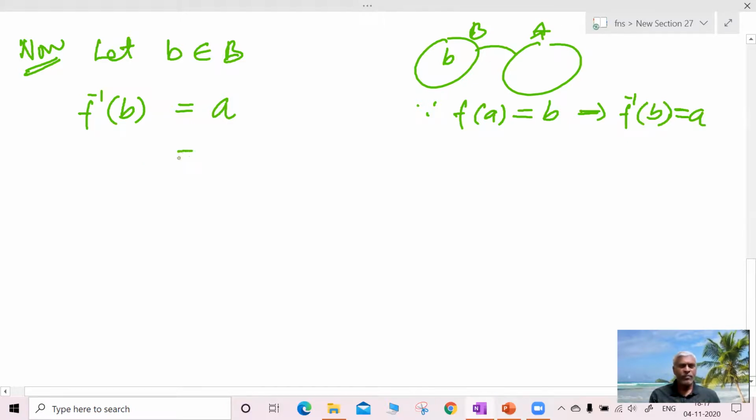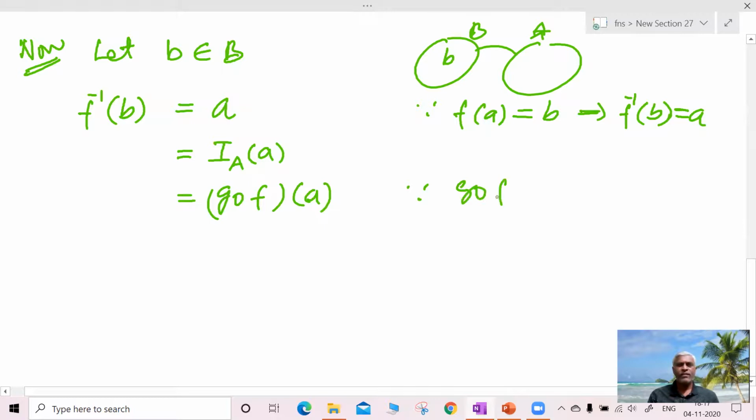So a, we can take it as IA of a. a is equal to IA identity function. So IA is equal to g circle f. g circle f is equal to IA, it is given in the theorem.